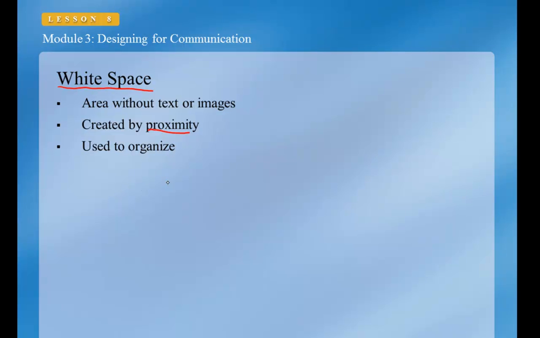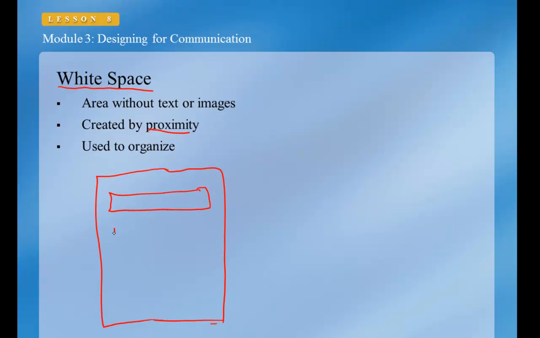So again, if you have a typical web page and you have your banner up here, and maybe say you have your nav going down the side, and then you have your text box maybe here. Well, the space in between is the white space.